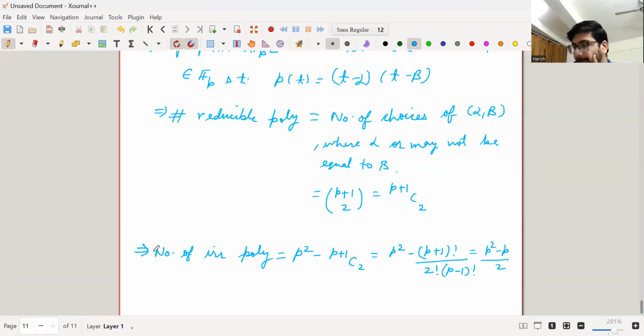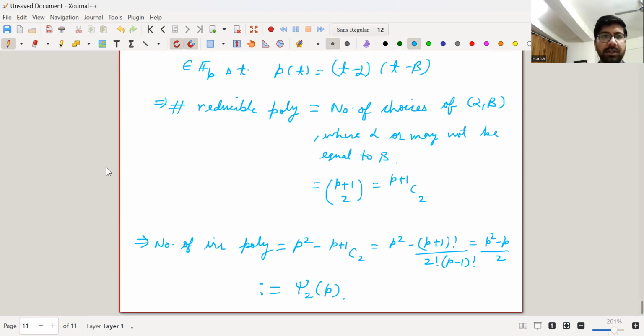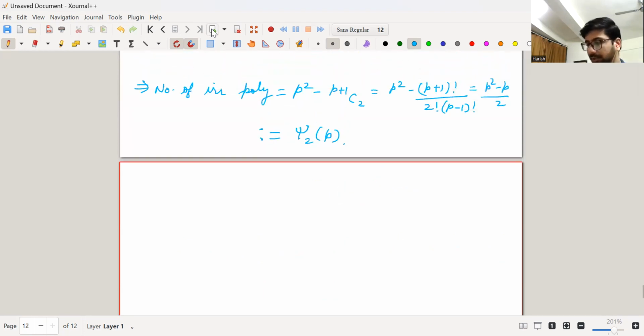Okay, and let's denote it by the symbol phi 2 of p. In general, phi d of p will denote the number of irreducible polynomials of degree d. So, okay, now consider the same question but for higher degree.